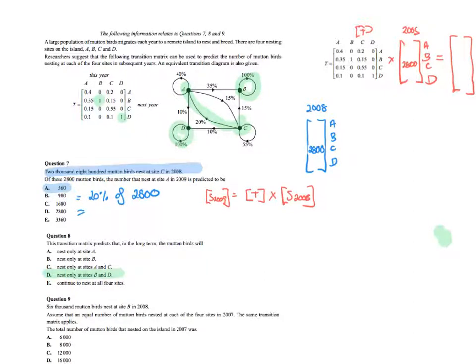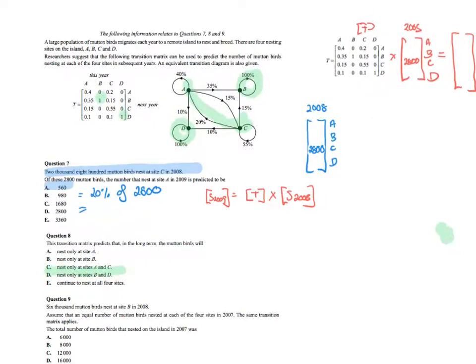So this last question says 6,000 mutton birds nest at site B in 2008. Assume an equal number of mutton birds nested in the 4 sites in 2007. The same transition matrix applies. The total number of mutton birds that nest in the island in 2007 was.